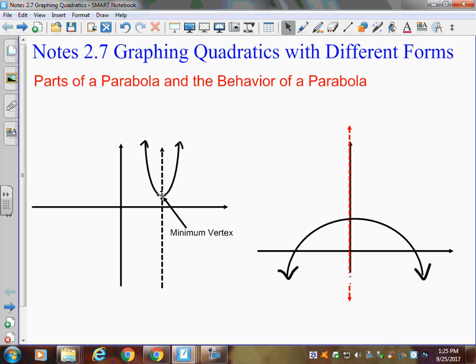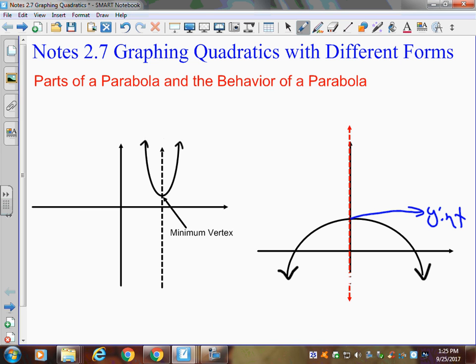Okay? Now, does anybody else know another part of one of these graphs? Don't know any other names of anything? Okay. I don't have a y-intercept on that one. I don't think I even drew a y-intercept on this one, so we'll draw it in.